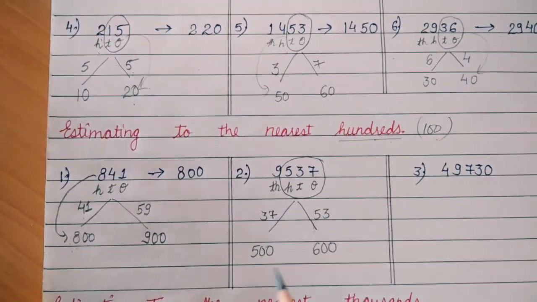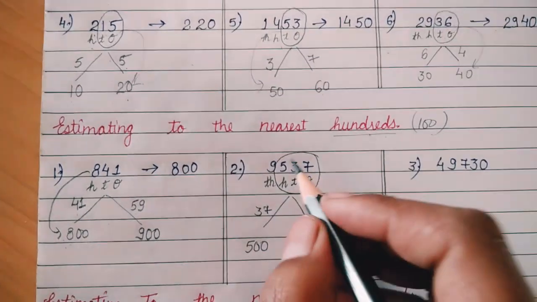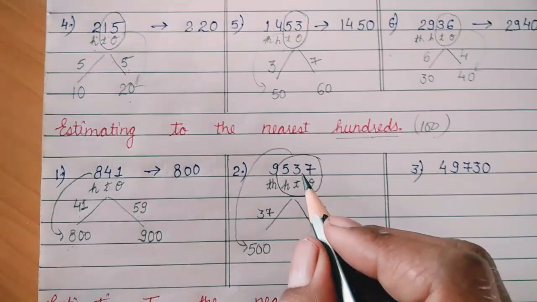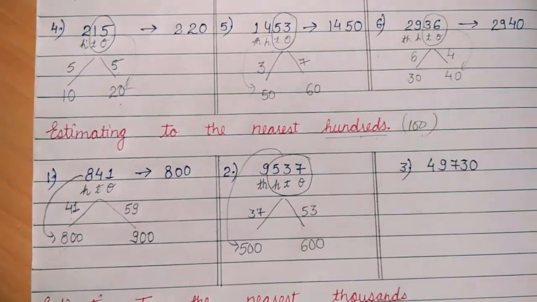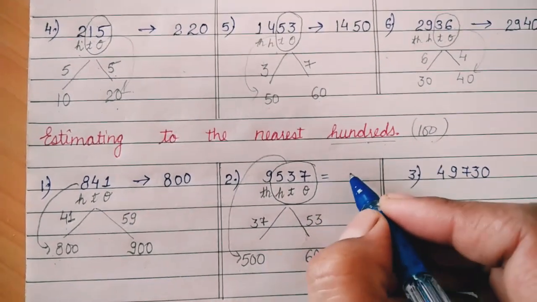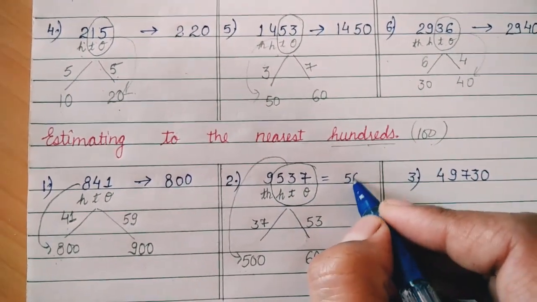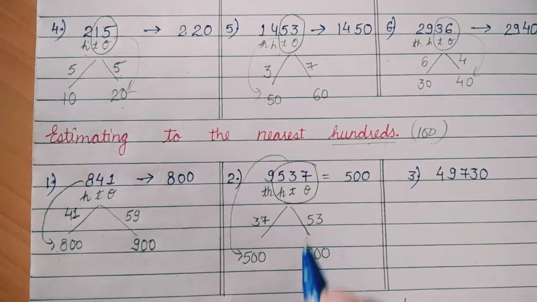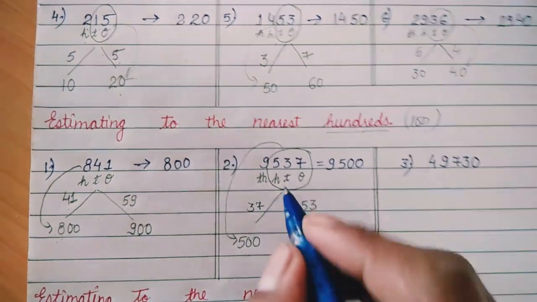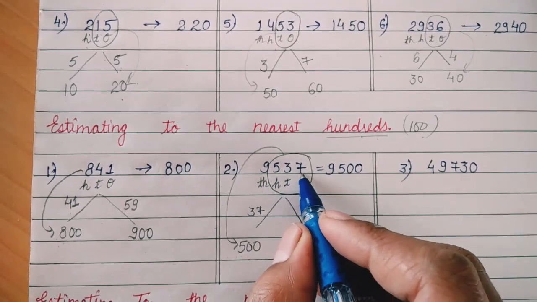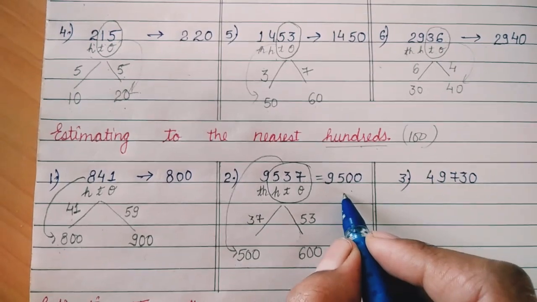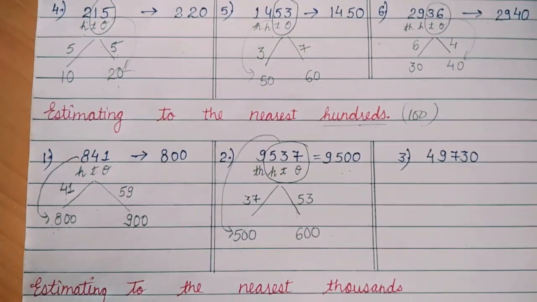So where do we get fewer steps? Yes. Here, when we are moving from 500, there we will get fewer steps. So our complete circle will change into 500. 537 will change into 500, and our 9 will remain the same. Okay. So 9537 will change into 9500 after estimating it to the 100.